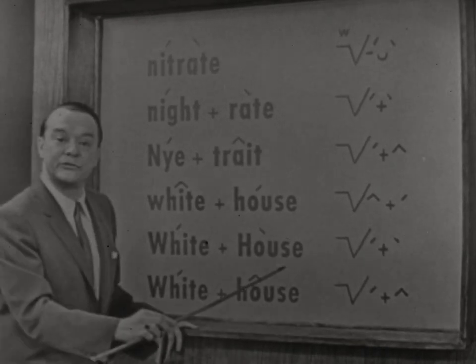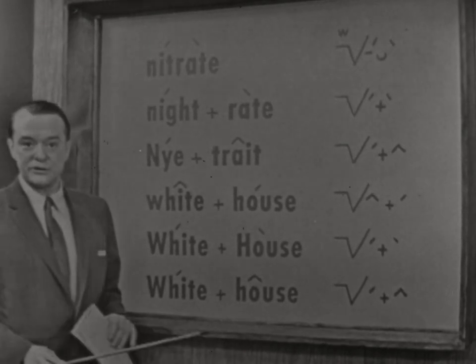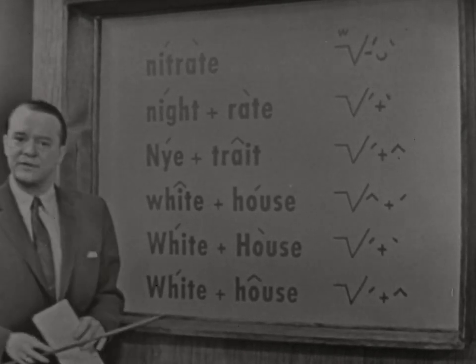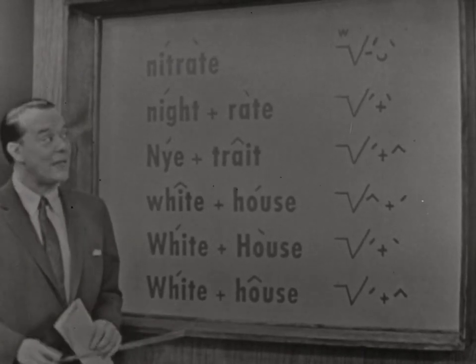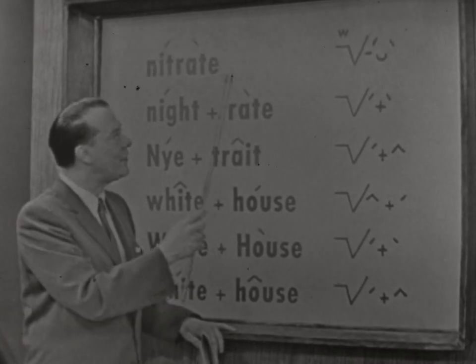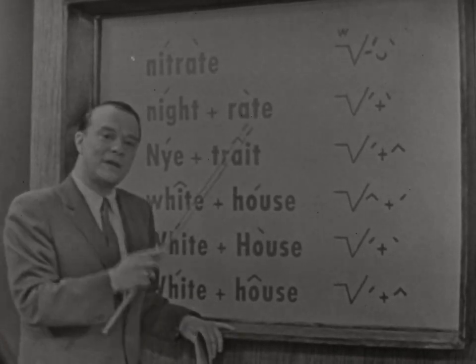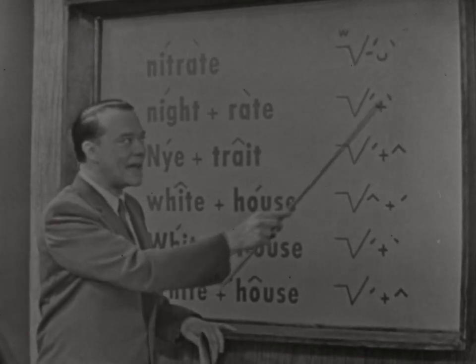And for White House, the house owned by the White family, primary stress plus juncture secondary stress. These phrase suffixes then, these are the key to how words get put together. And remember, in each case, when they operate in putting words together, one of the stresses, pardon me, of the word suffix of one of the words has to yield.